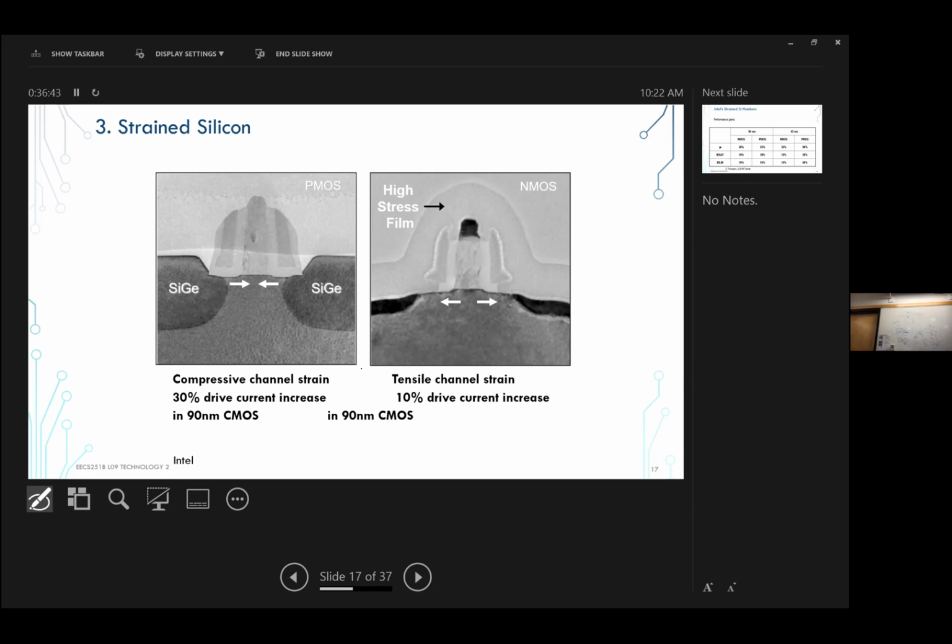So something that bulges into the channel and compresses the channel helps with mobility. So what they do, they implant germanium to affect the lattice in the source and drain regions and compress the channel to increase the mobility. These numbers, 30% at 90 nanometers were nice, they're way higher now.